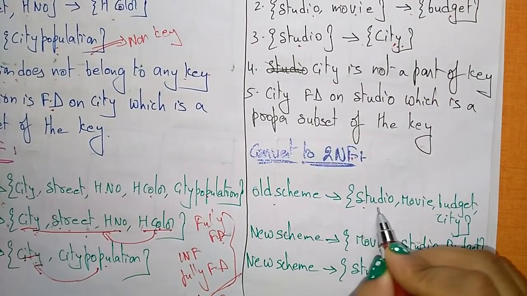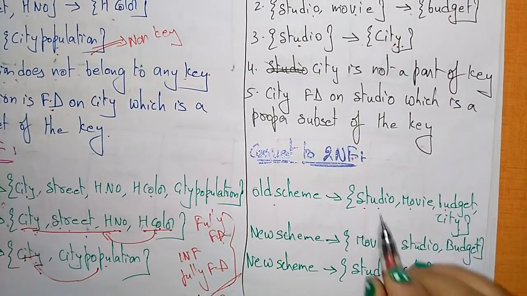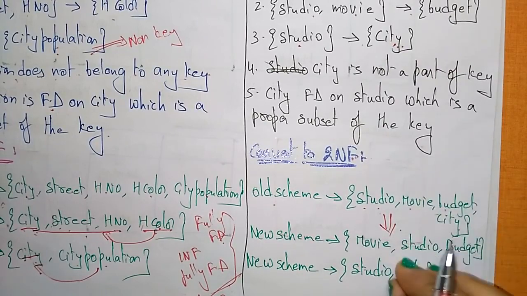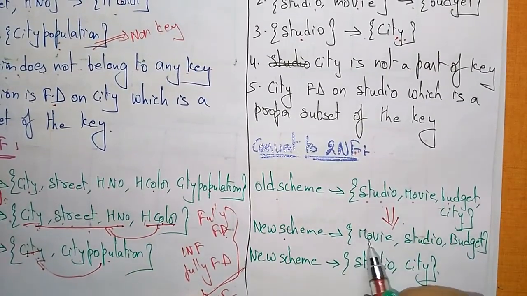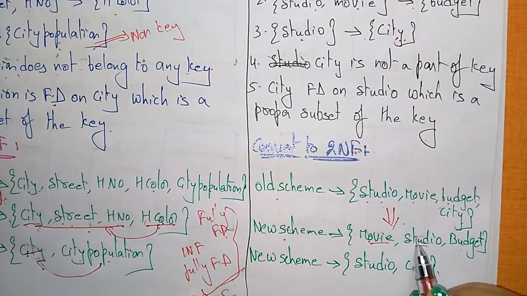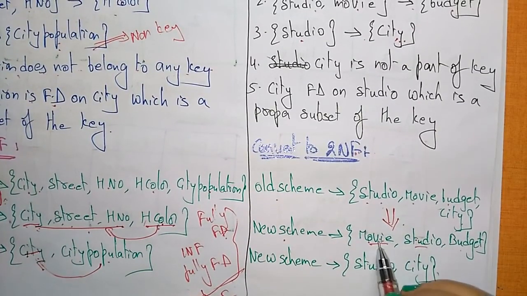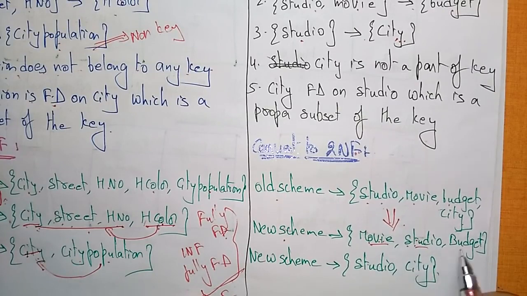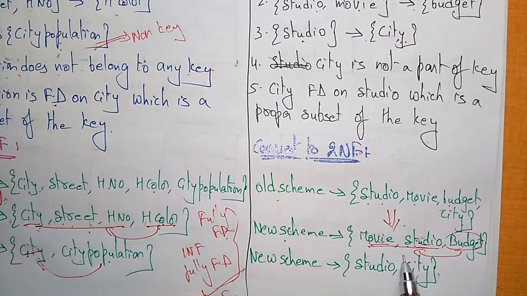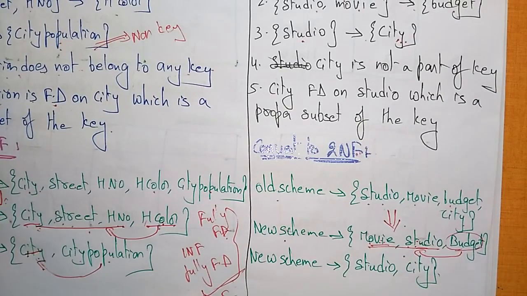The old table consists of studio, movie, budget, city: four attributes. Now I am decomposing this table into two tables. In the new schema, one table consists of movie, studio, budget. Movie and studio are the primary keys, and budget is a non-key attribute that depends upon these two key attributes, so it is fully functionally dependent.